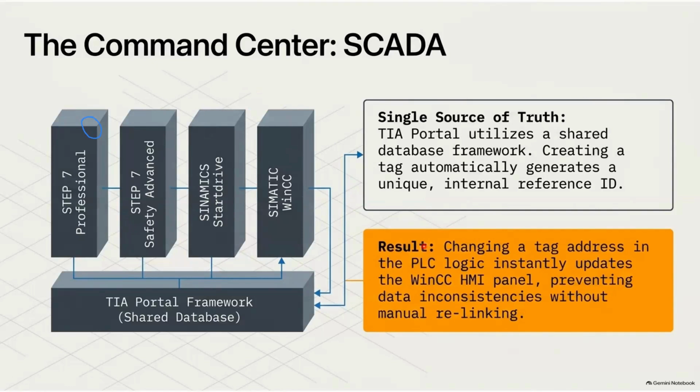This TIA, Siemens has defined as Totally Integrated Automation software. Previously we had separate software for S7 200, S7 300, 215, 2DP, many models, and for each and every model we used to procure a separate software.